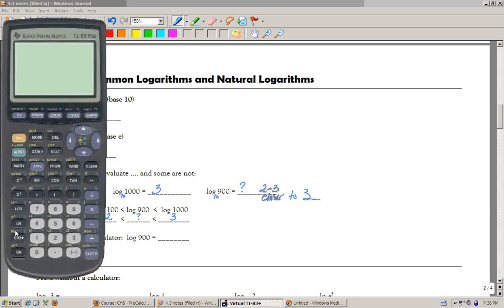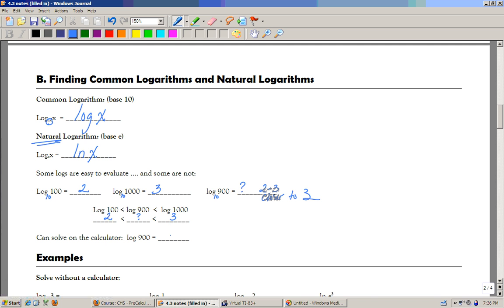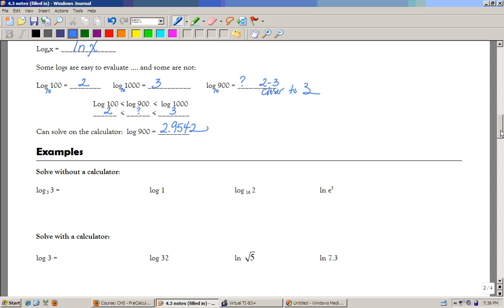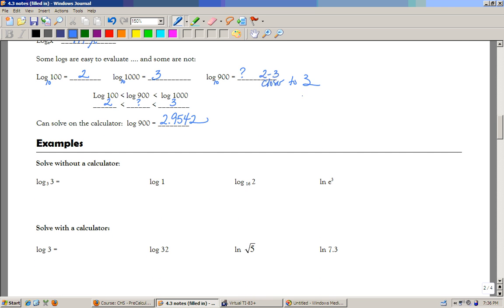We're looking for log base 10 of 900, so you hit the log button, enter 900, and hit enter, and that gives you your decimal notation, which would be 2.9542-ish. So some of these you can do with a calculator, some you can't. We knew it was somewhere between 2 and 3, closer to 3, so that answer makes sense.